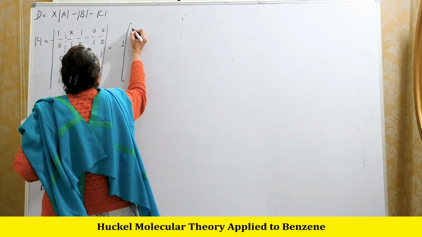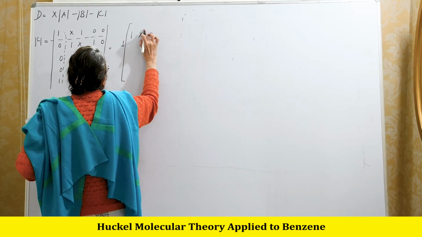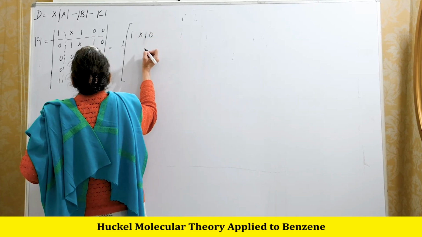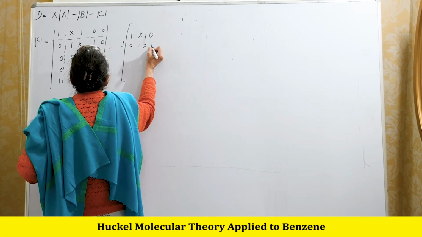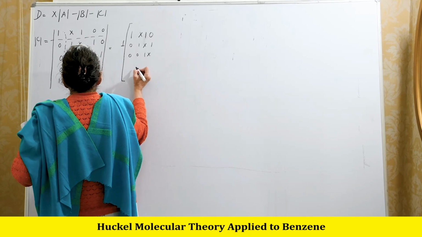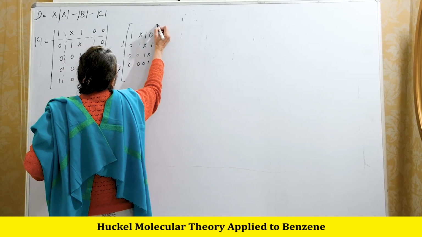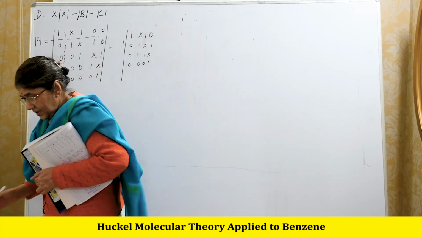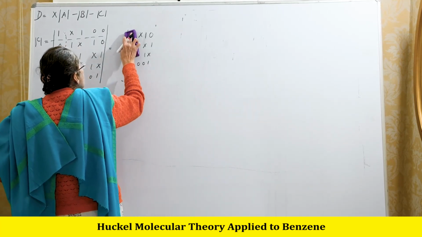So we get a 4 by 4 determinant: 1 x 1 0, 1 x 1 0 0 1 x 1 0 0 1 x and 0 0 0 1. And let me remove this; when I need it, I will use it.